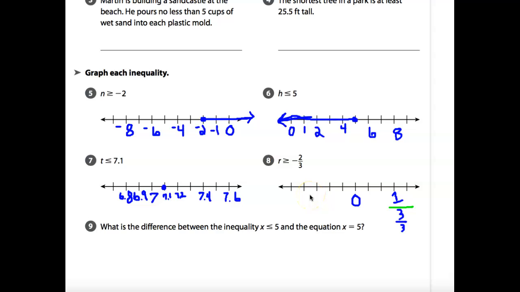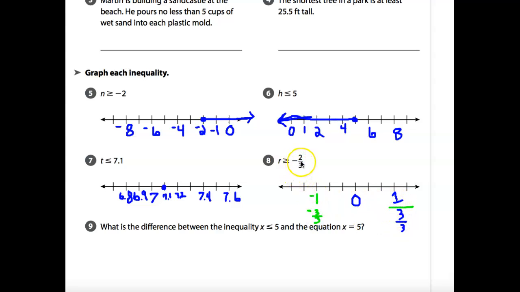This is -1 right here. Okay? Or -3/3. So this is -1/3, -2/3. This is -3/3. Okay? -3/3 is the same as -1. 3/3 is the same as 1.